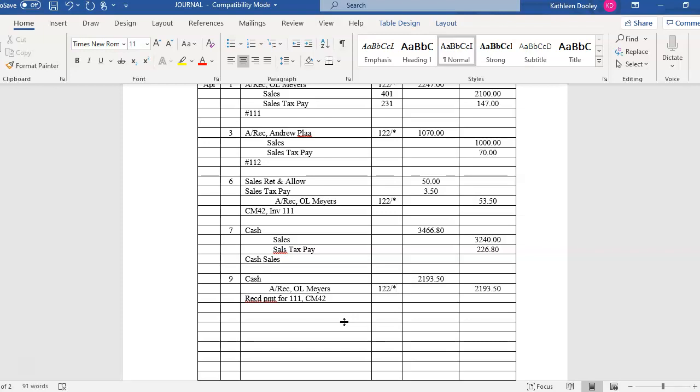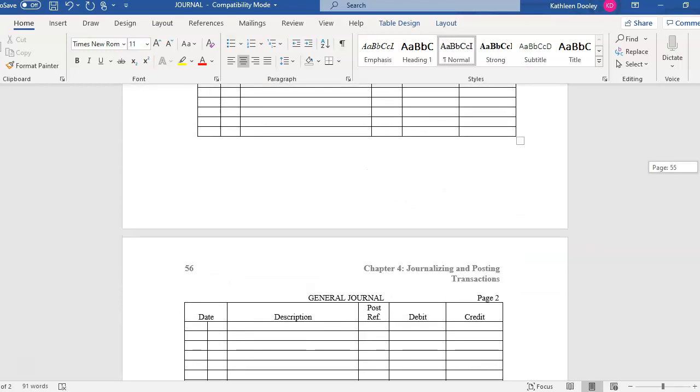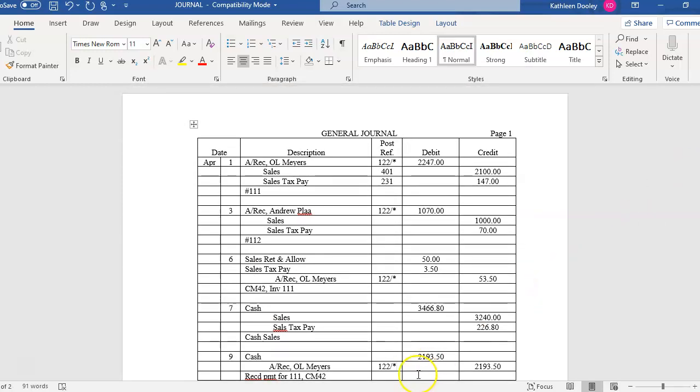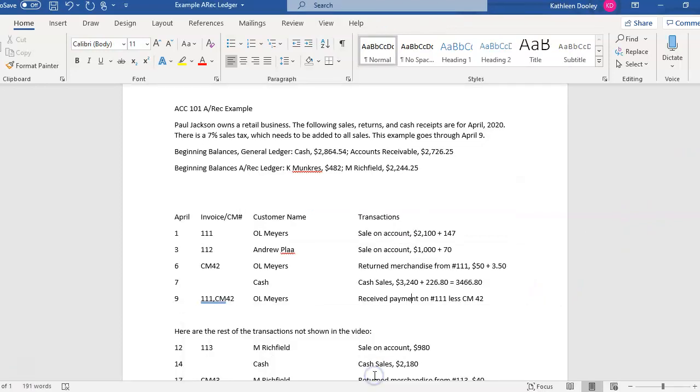And so now I know exactly what I've posted and what I haven't posted. I can see all these ones that I haven't posted yet. Okay, and you could go forward and post them. All right, now for the sake of this demonstration, I am ending right here on the 9th. I'm not going to do any more transactions.